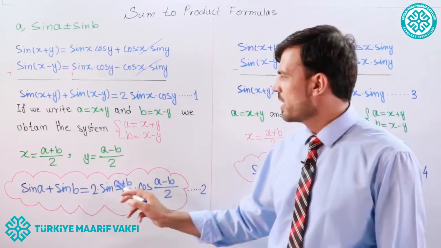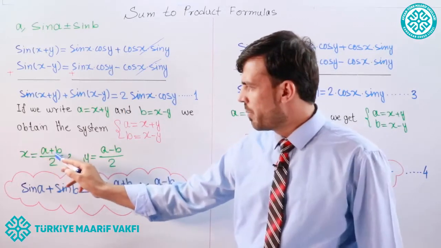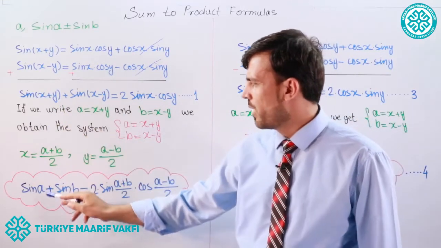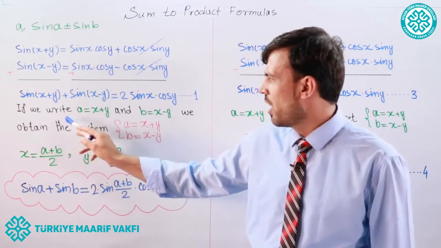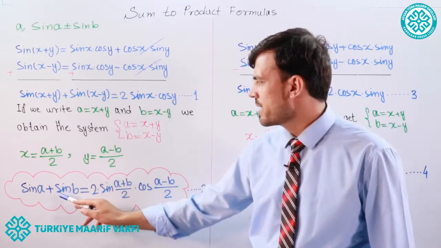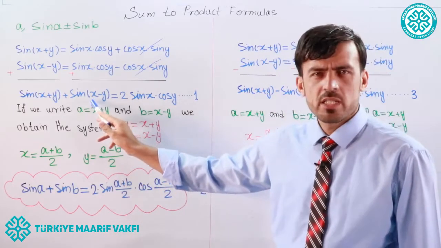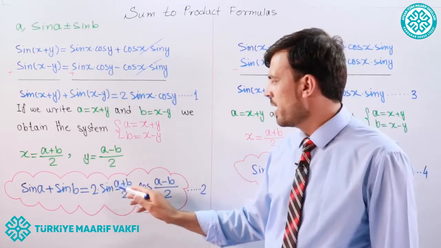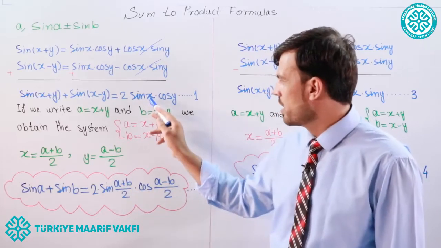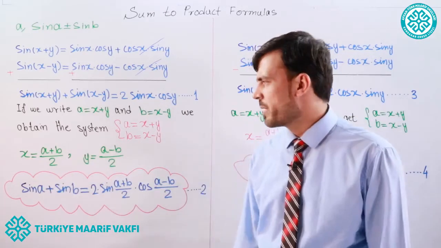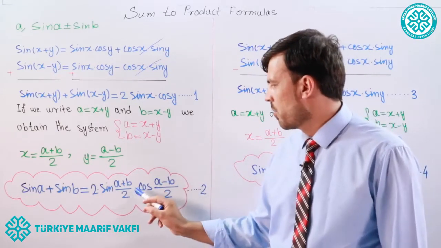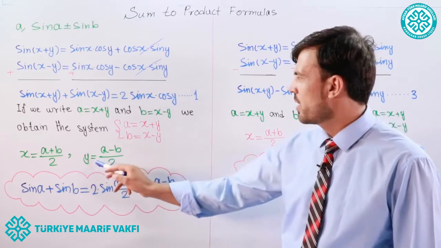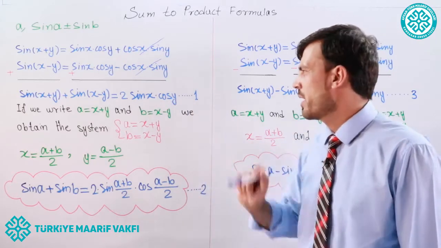So the formula will be sine A, instead of sine (x plus y), plus sine B, instead of sine (x minus y), equals 2 sine (A plus B) over 2, instead of x, multiplied by cosine (A minus B) over 2, instead of y.